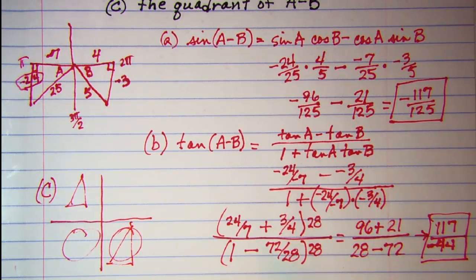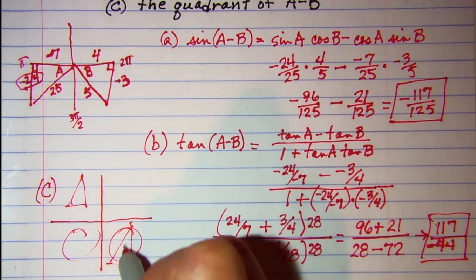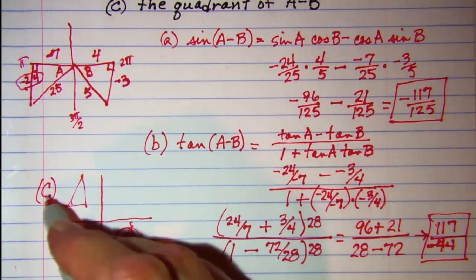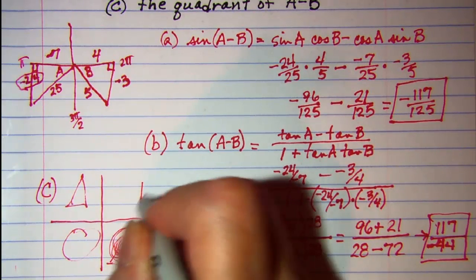So the quadrant that takes care of both of these requirements is this one. So my answer for part C, the quadrant, is going to be quadrant 4.